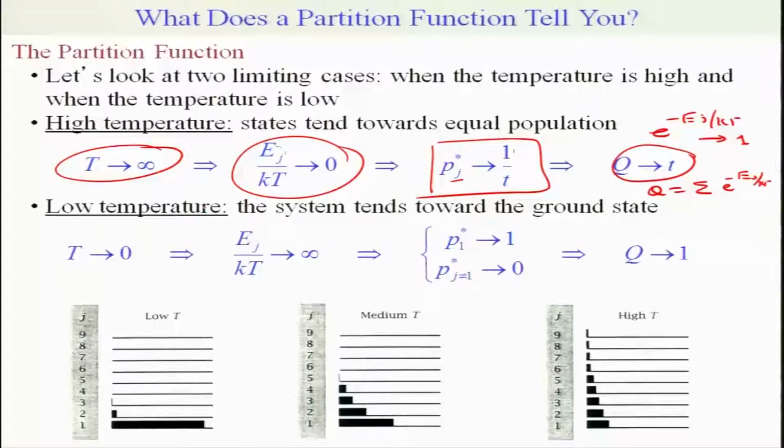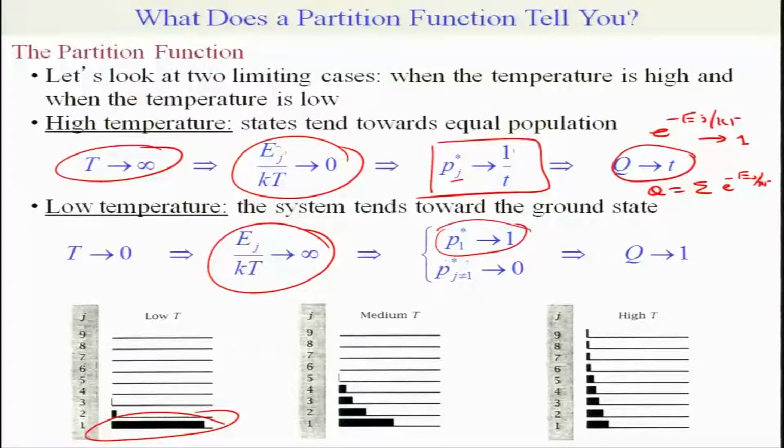If you consider low temperature, then e to the power E_j by kT approaches infinity. In that case, all the particles will occupy only the ground level as shown in this case. The probability of the ground state will be 1, and the probability of all states other than the ground state will be 0.